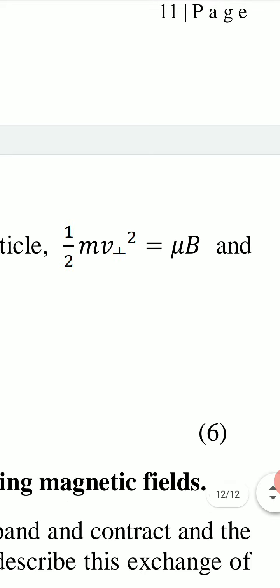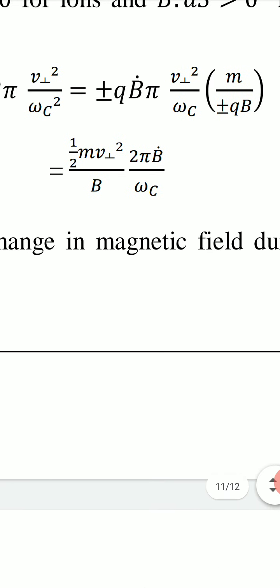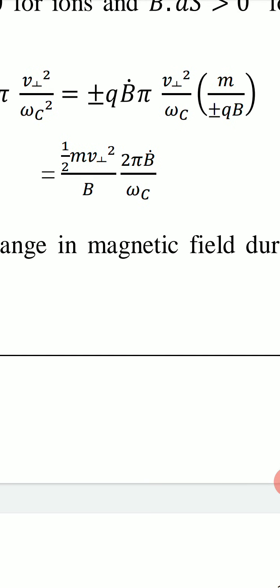If we put half m v perpendicular square equal to mu b in this equation, then this b is cancelled out by b in the denominator and mu only remains.